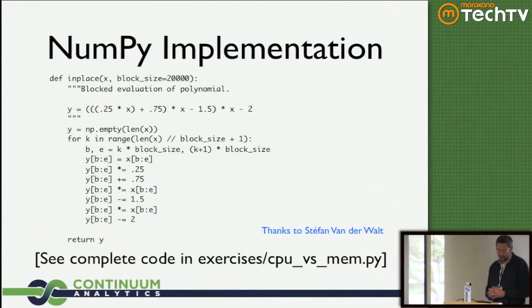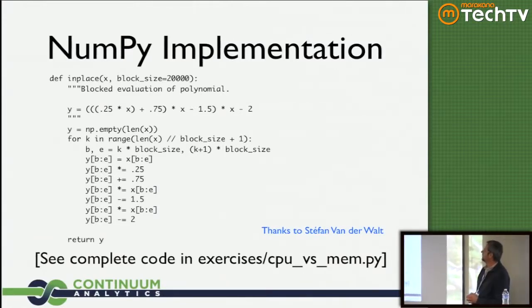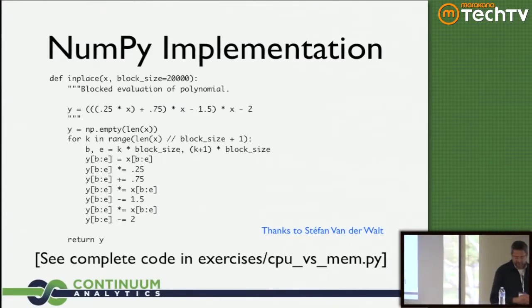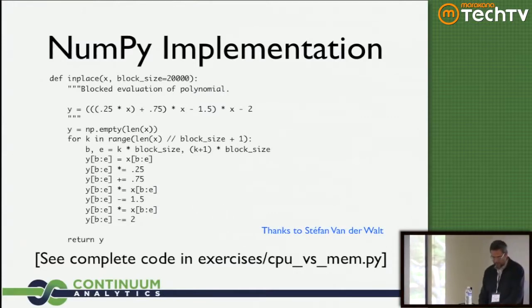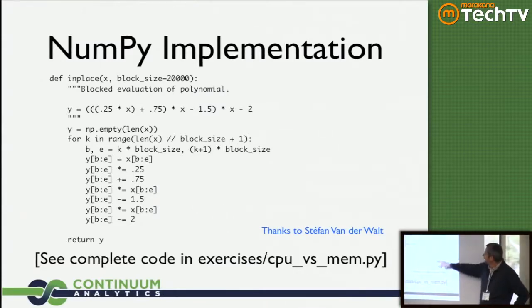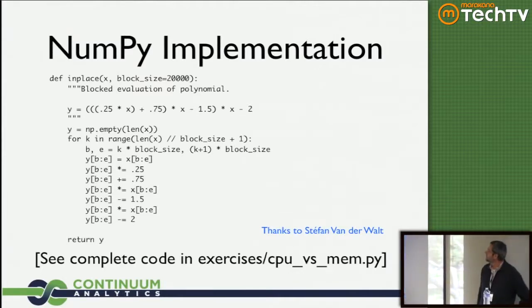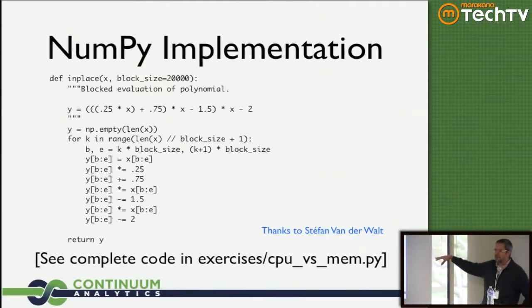So you don't need to use Numexpr in order to use the blocking technique. For example, this snippet that has been contributed by Stefan is also using the blocking technique for evaluating the polynomial, but using pure NumPy.